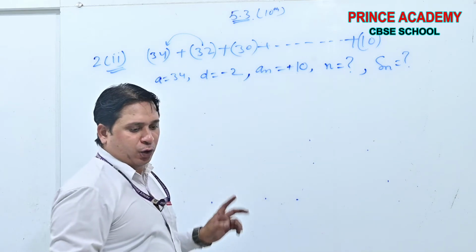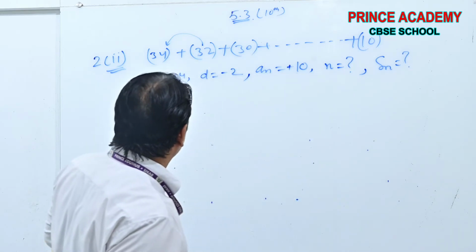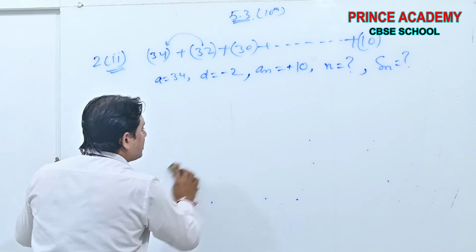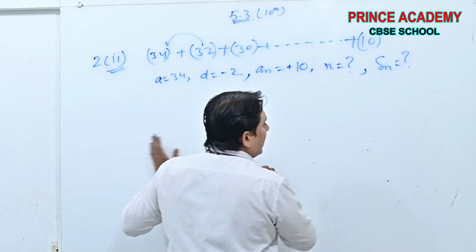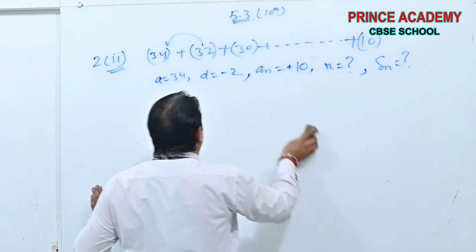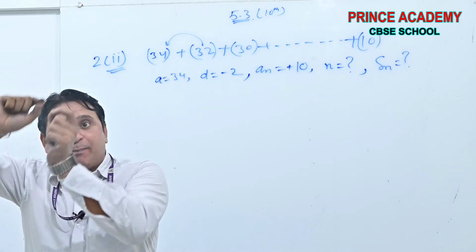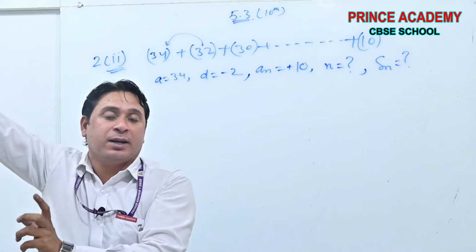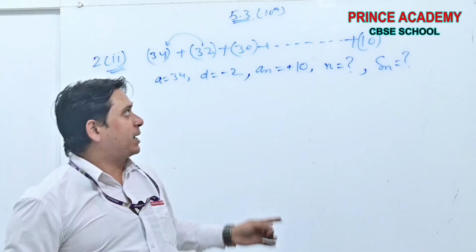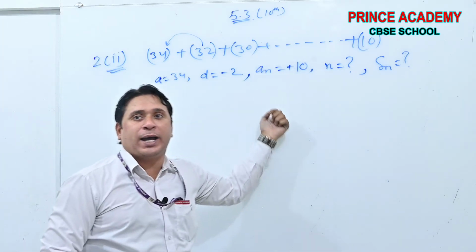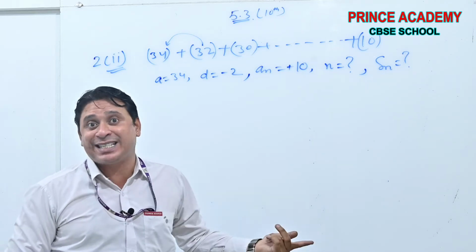In this kind of question where An is given and N is not given, we should not get confused about what is N or what is An. Where it is written up to so many terms, there N is given. But here 10 is a term of the AP and we don't know which term.